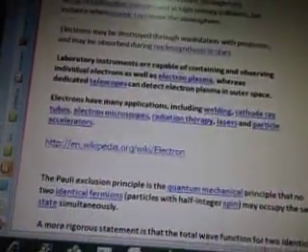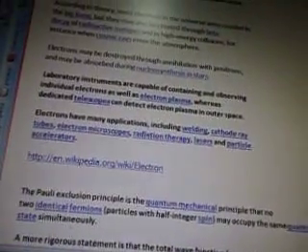Laboratory instruments are capable of containing and observing individual electrons as well as electron plasma, whereas dedicated telescopes can detect electron plasma in outer space. Electrons have many applications, including welding, cathode ray tubes, electron microscopes, radiation therapy, lasers, and particle accelerators.